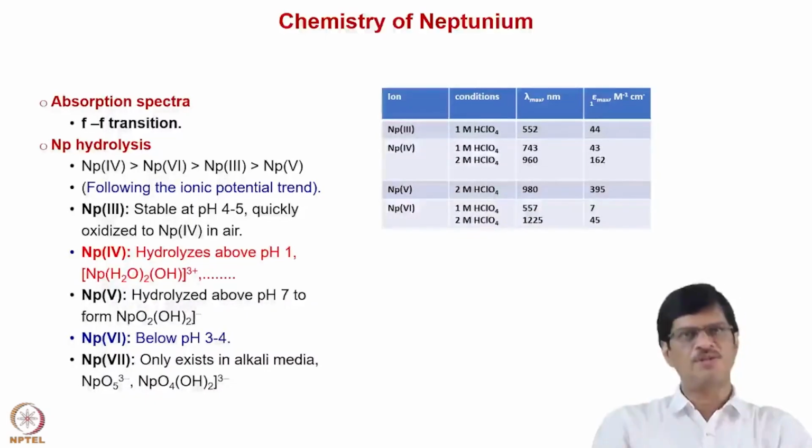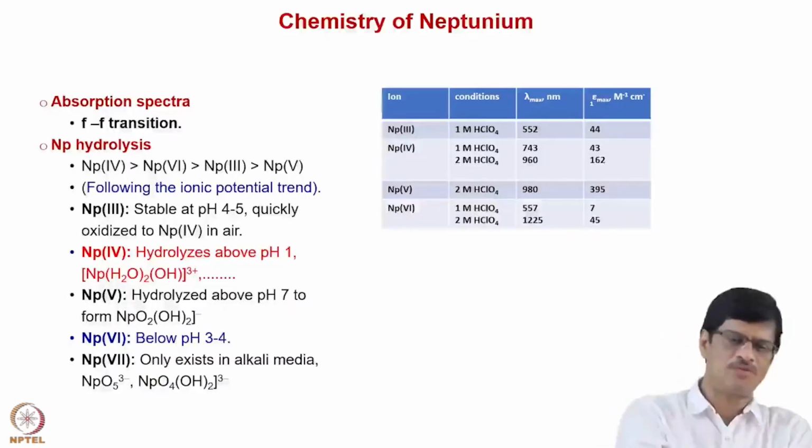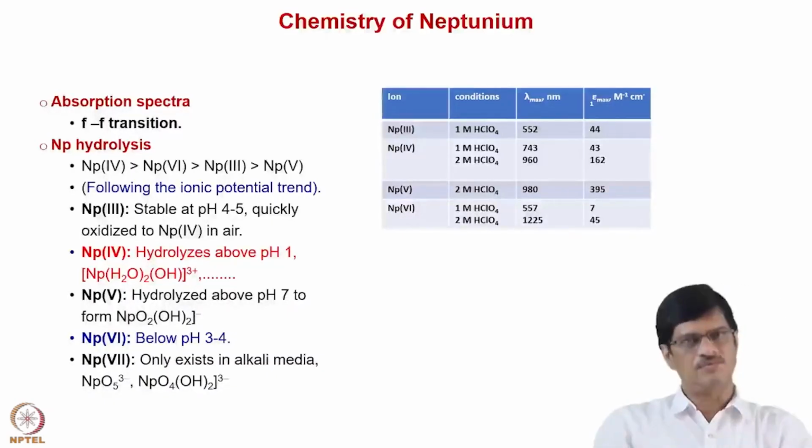Neptunium 3 is very, very unstable, but it can be made stable at pH 4 to 5 under a very special condition. Otherwise, it gets quickly oxidized to neptunium 4 in air. Neptunium 4, as I mentioned, gets hydrolyzed very easily, and species of the type Np(H2O)2(OH)2+ are formed.